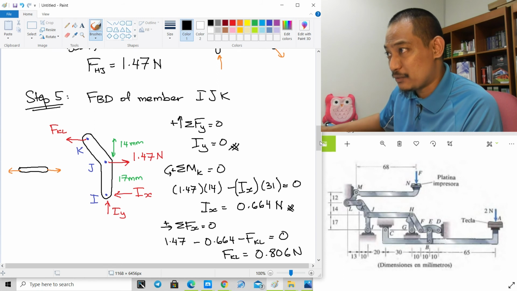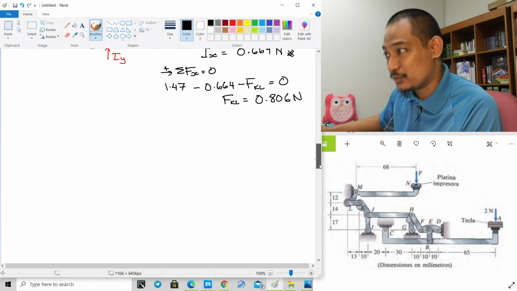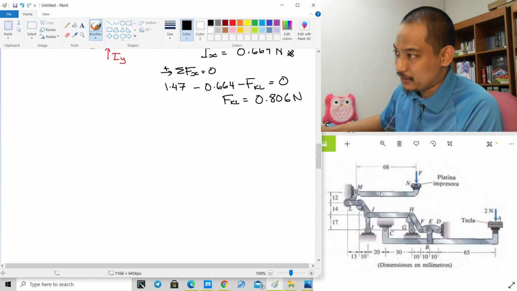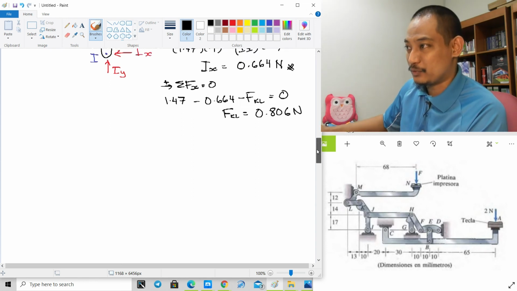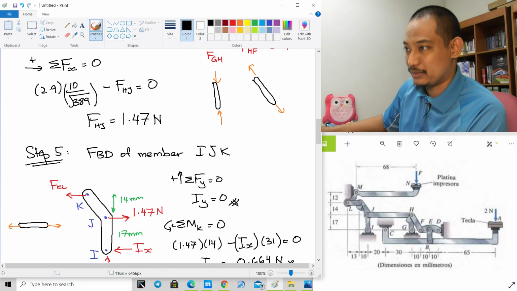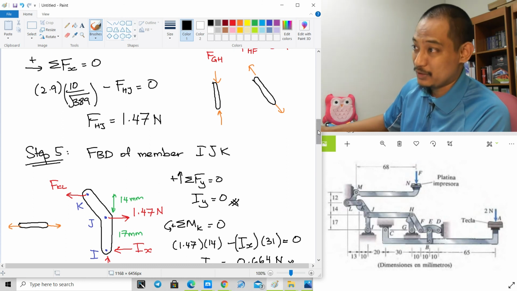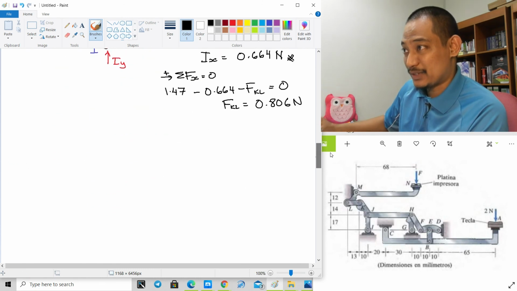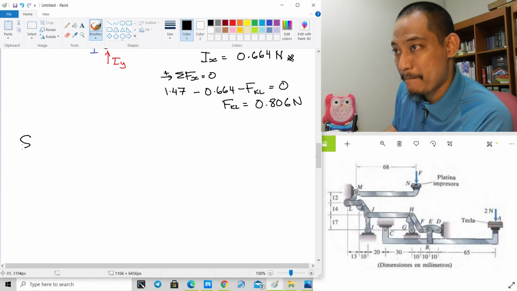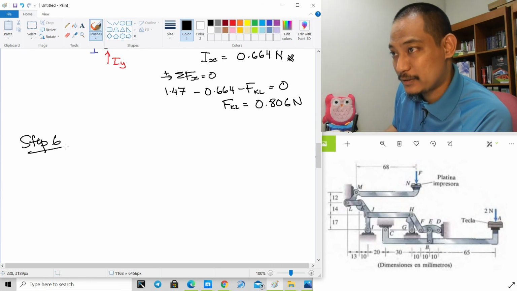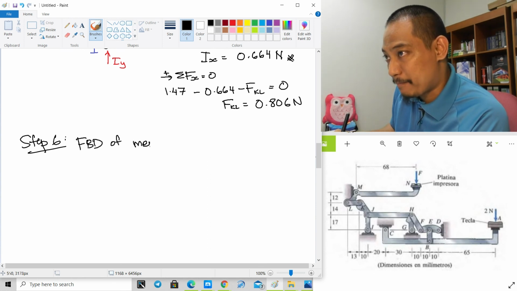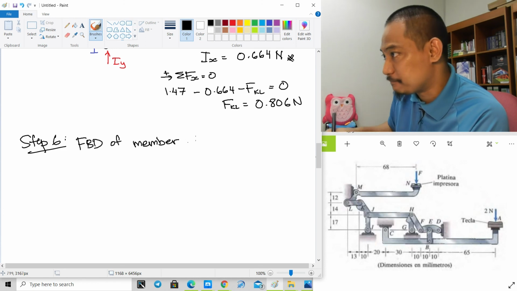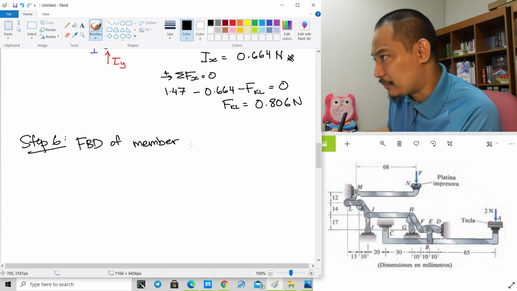Okay, so now we are moving to the final member here. Because we have drawn already the two force member KL here, it's not important for calculation. We know it's two force member. So we go to step 6. Step 6, free body diagram of member LMN.